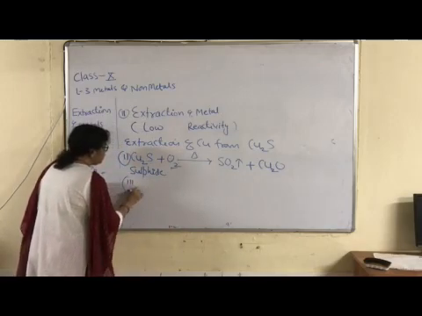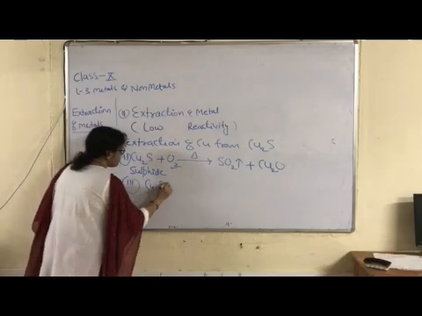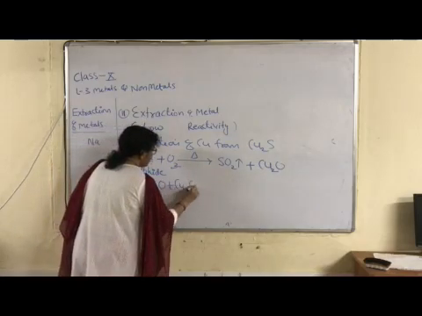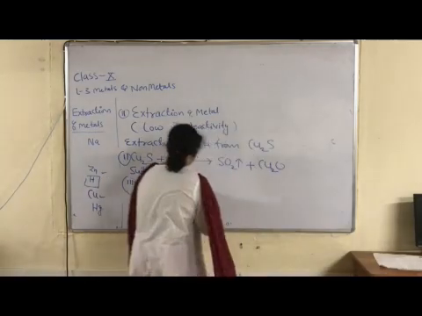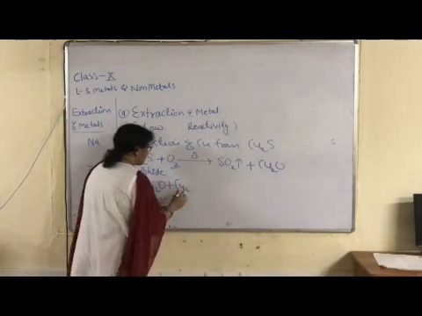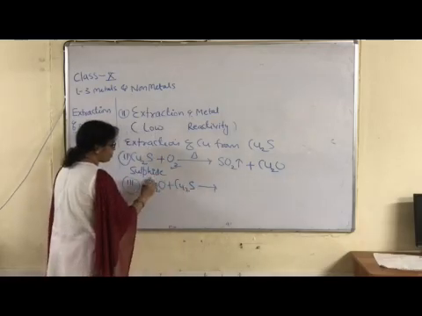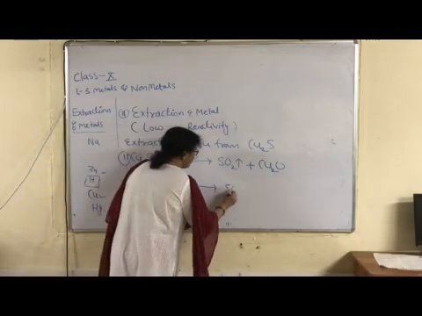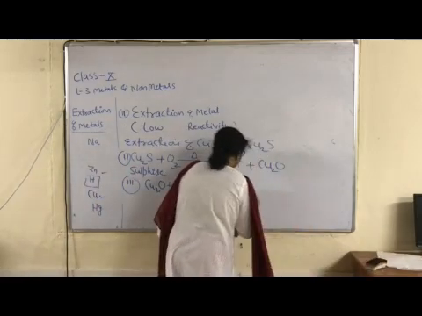Now, third step is reduction. Some traces of copper are left in which form? Sulfide form. Then what happens? Reaction between copper sulfide and copper oxide, then liberation of sulfur dioxide gas and formation of copper.